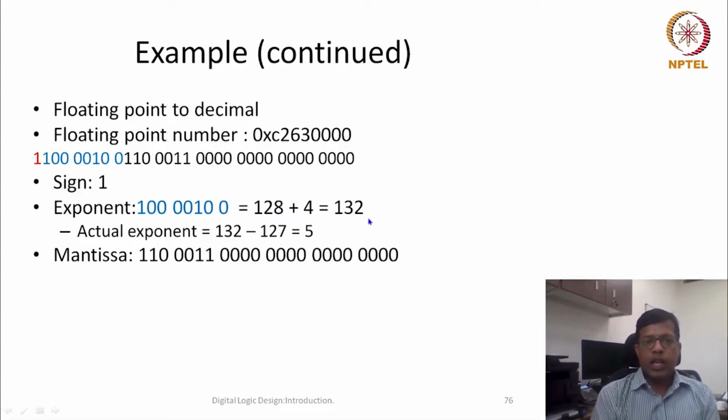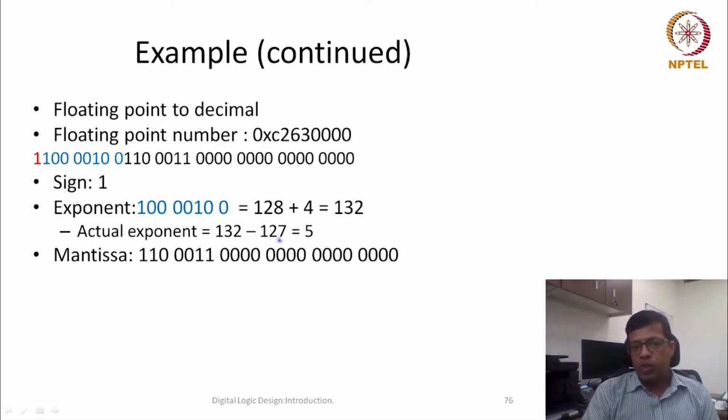For the actual exponent, we have to remove the offset which we were adding to represent negative exponents. This is the exponent written in the floating point binary number, but to get the actual exponent we have to subtract the offset. In the case of a 32-bit floating point number, the offset is 127.